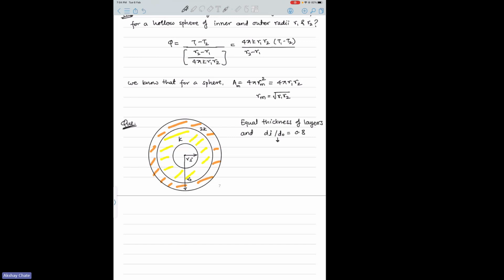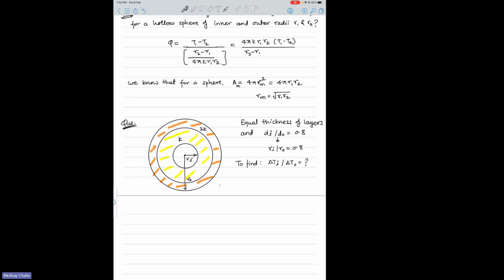They have given the diameter ratio, but essentially it is a radius ratio also. And we have to find the ratio of the temperature drop across the inner layer divided by the temperature drop across the outer layer.